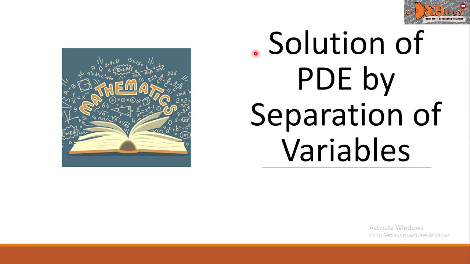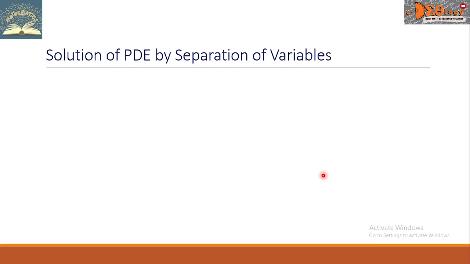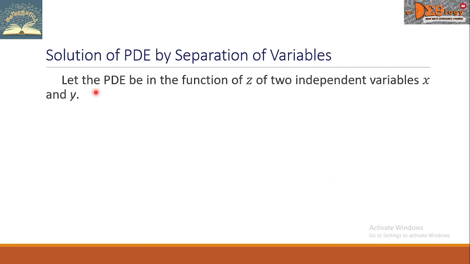Hi everyone. Today we're going to study solution of partial differential equation by separation of variables. Let the PDE, or partial differential equation, be in the function z of two independent variables x and y.